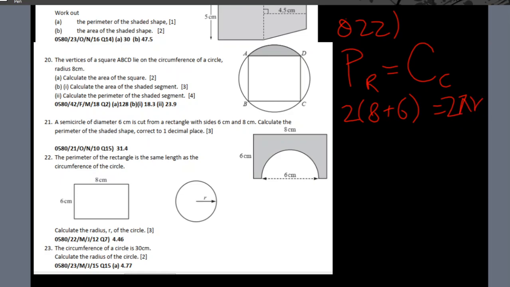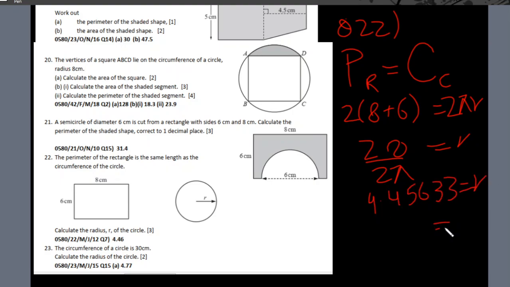So simply solve this. 8 plus 6 times 2 is 28. 28 divided by 2 pi equals r. So 28 divided by 2 pi is 4.45633. Rounded to 3 significant figures is 4.46. Answer for question 22.